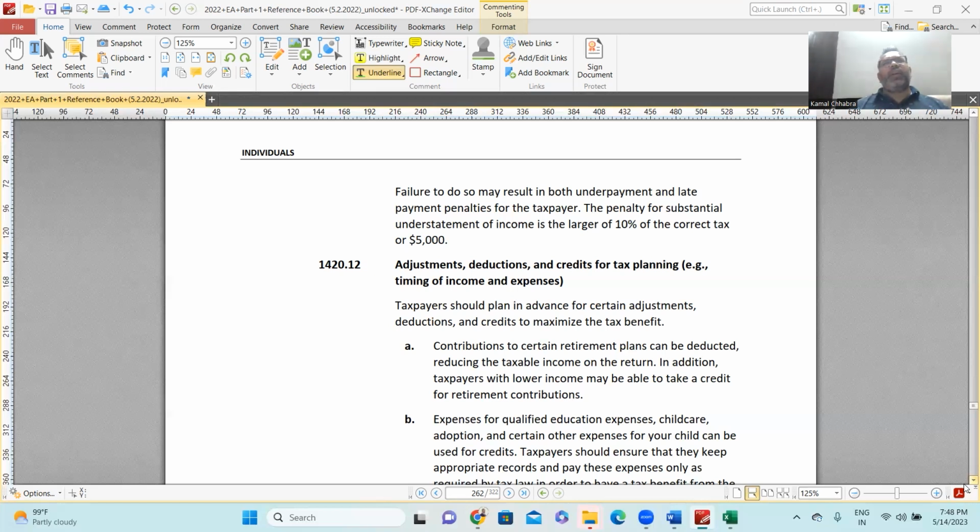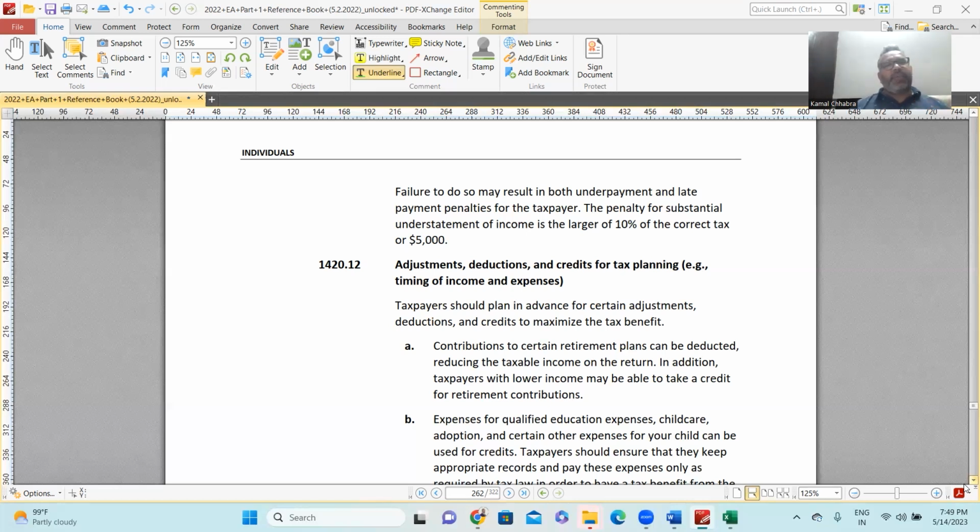There are 2 points. One is if your total tax liability after withholding tax is less than $1,000, then you are not required to pay estimated tax in advance. Or if for your estimated tax liability you have already paid more than 90%, or you have already paid more than the previous year's actual tax, then also it's not required. But if it is less, then in that scenario, you need to pay taxes plus penalty, which will be 10% of the correct tax or $5,000, whichever is higher.